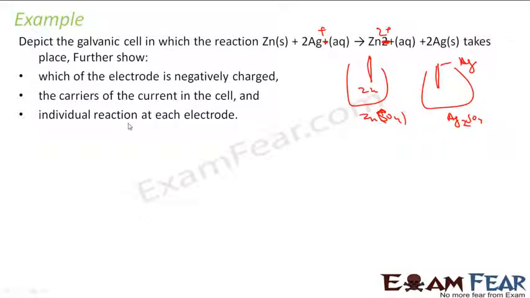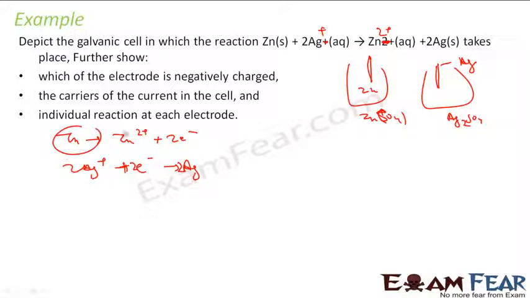If you see here, the reaction will be zinc will become zinc 2+ and give 2 electrons. And these electrons will be used by silver ion to give silver. So at the zinc end we have more and more electrons, correct?